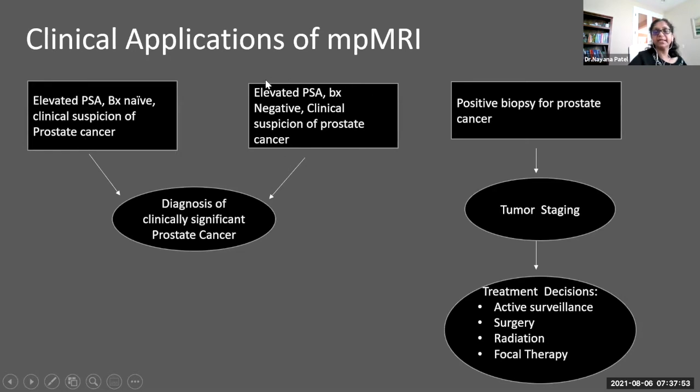Another group where there is elevated PSA and had prior negative TRUS biopsy with persistent clinical suspicion for prostate cancer. In these two patient groups, multiparametric MRI is used and has been validated in the diagnosis of clinically significant prostate cancer. In patients with biopsy positive prostate cancer, it is used for tumor staging, for triaging the patient for appropriate treatment options.